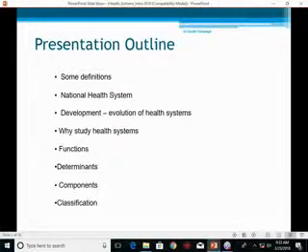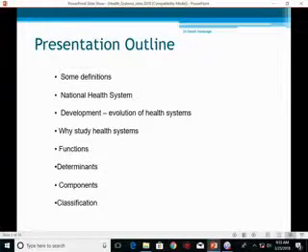Why are we interested in learning in this module about health systems, and what are the functions of a system? What determines health systems? What are the components of a system and different classifications? How to classify different systems?